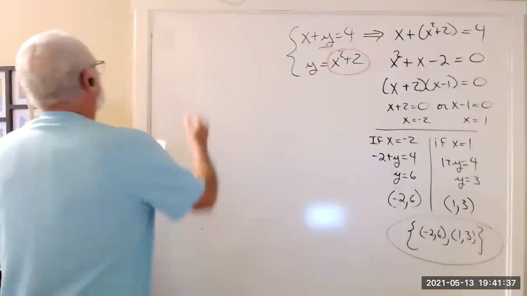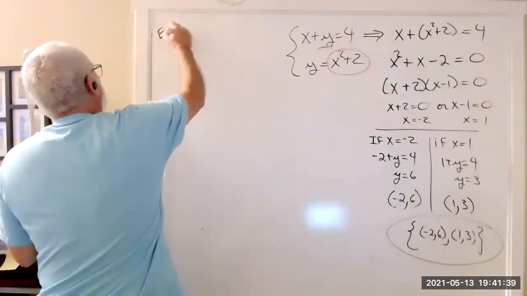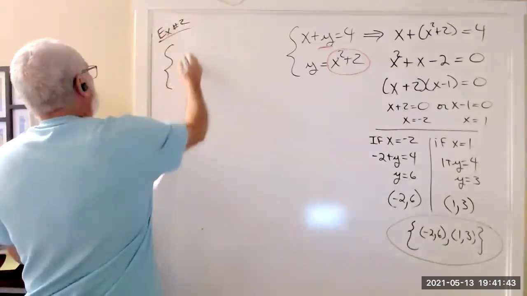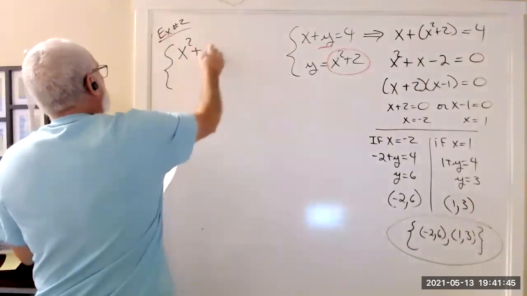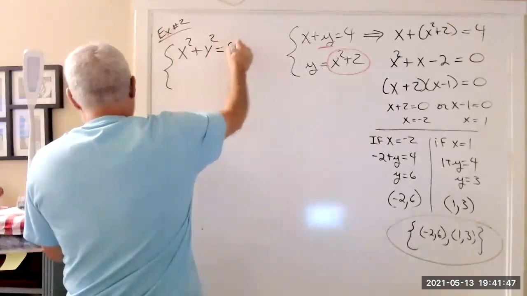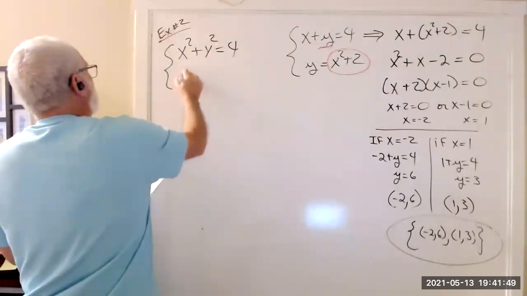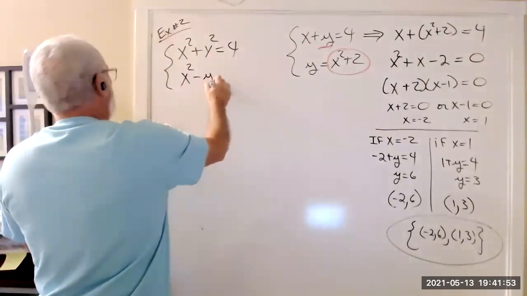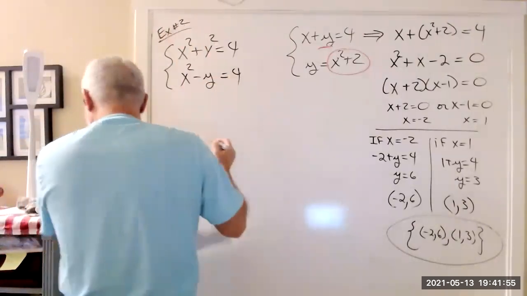New example here. Example number 2. System: x squared plus y squared equals 4, and x squared minus y also equals 4.